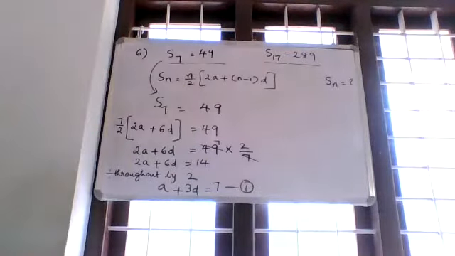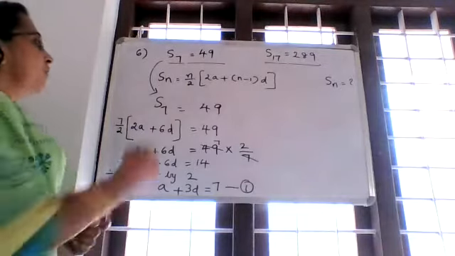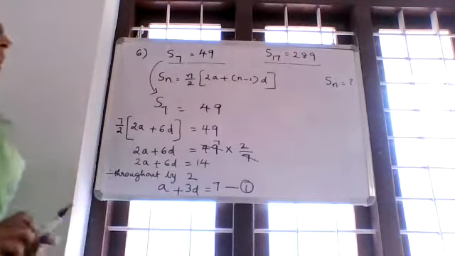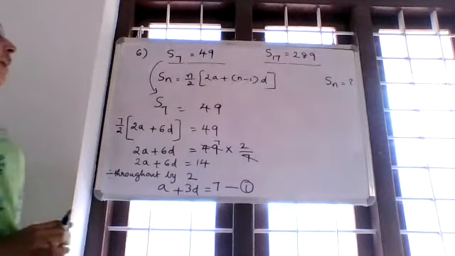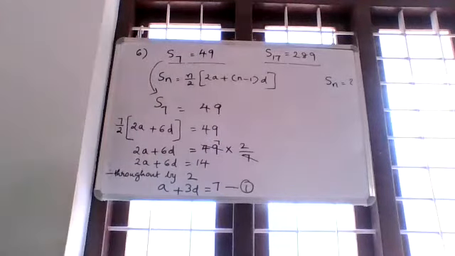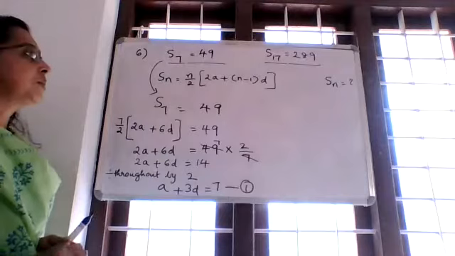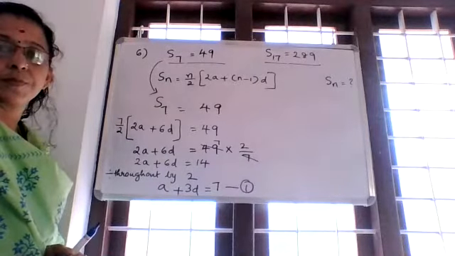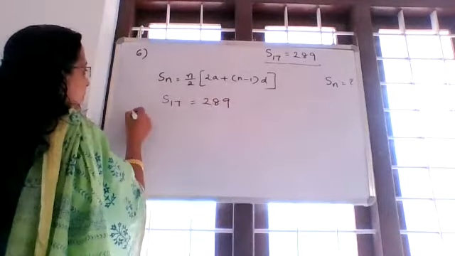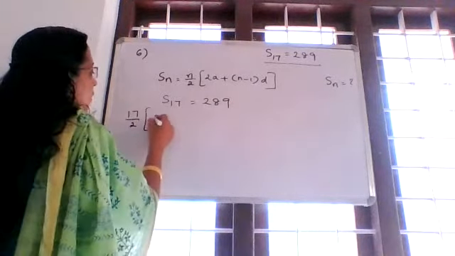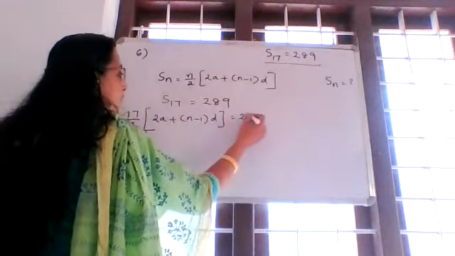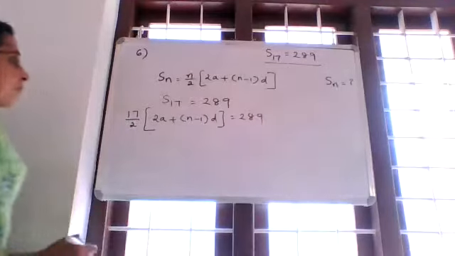Then we have S17 is equal to 289. Same step: 17 by 2 into 2a plus n minus 1 into d is equal to 289.